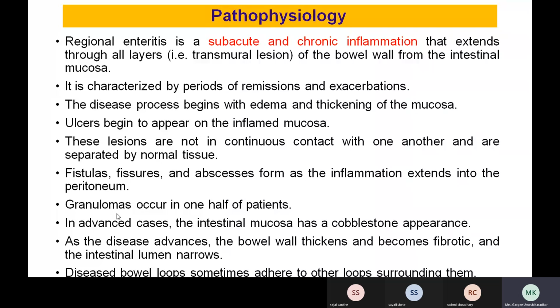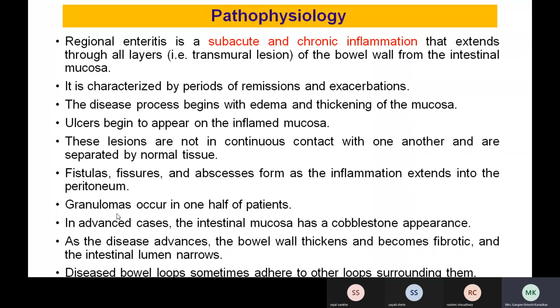Granulomas may be seen in almost half of the patients. And in advanced cases, the intestinal mucosa will have a cobblestone appearance. Do you know what a cobblestone is? Mostly when they repair footpaths, they use triangular-shaped sort of stones to make the road or the footpath.